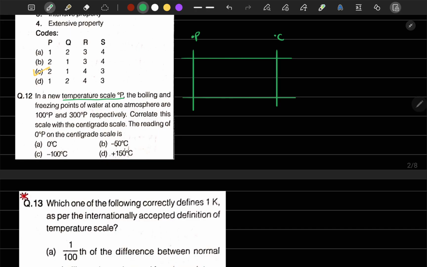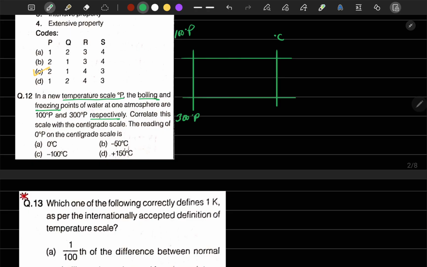In degree P it is mentioned that the freezing point is 300 degree P, and the boiling point is 100 degree P.